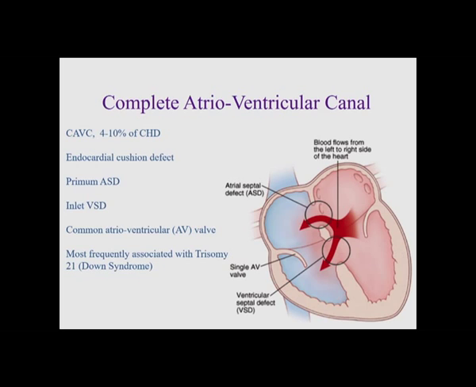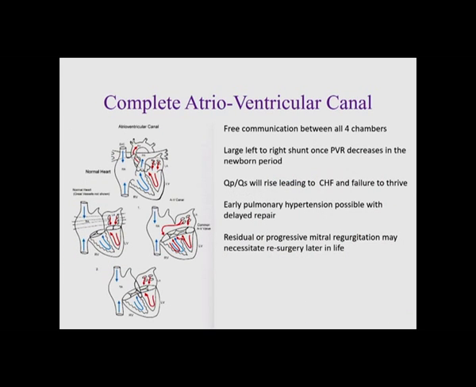So the AV canal is actually pretty common in Down syndrome, associated with Down syndrome frequently. And here you have a free communication before in the four chambers, and in general, they can be very well balanced, and we have done children, they just go to anesthesia very smoothly, and again, the severity being so extreme that it's difficult to say this is the rule to follow.